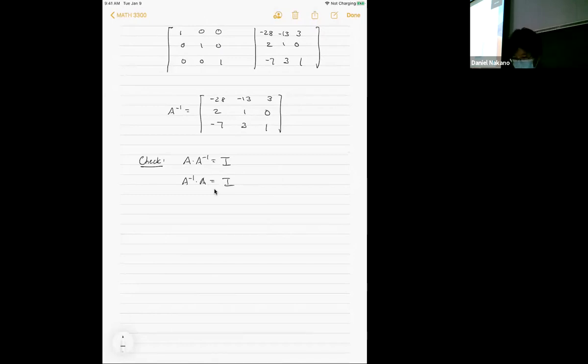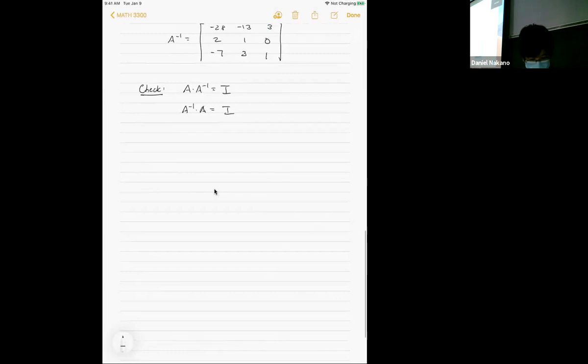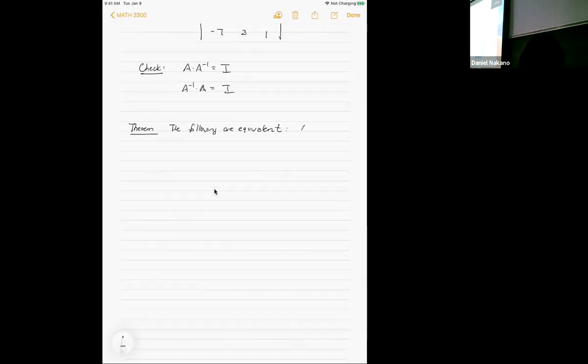All right, now what I want to do is I want to recall this theorem with equivalences. So this is from last time. So the following are equivalent. Okay. So here A is an n by n matrix. And so here's the first statement.